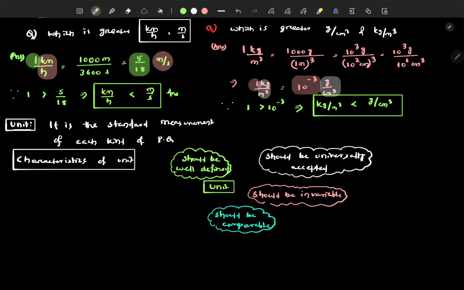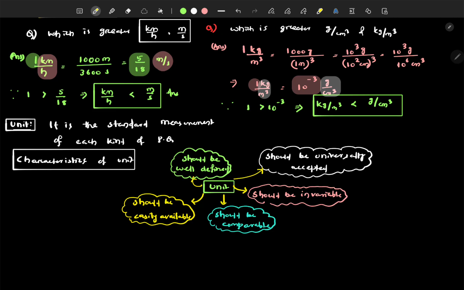It should be accessible, easily available. These are some characteristics of a unit. We can write like this. I hope this portion is clear to all of you.